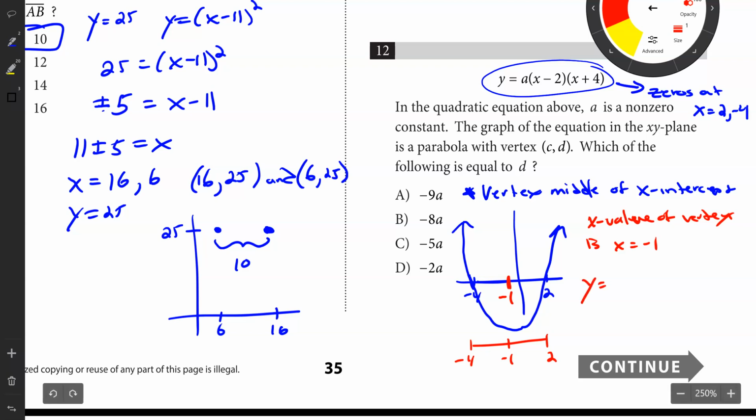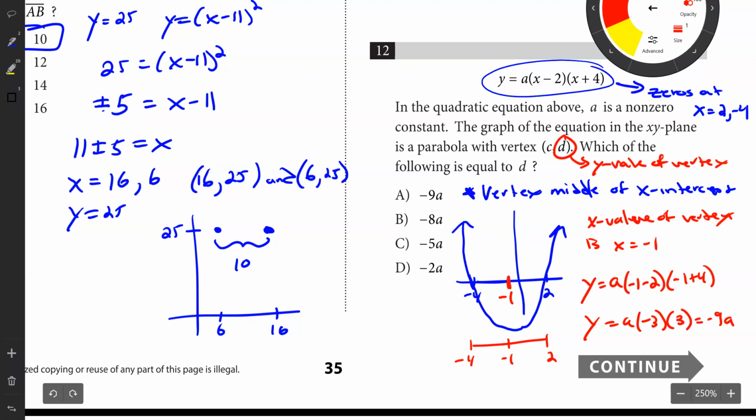So y equals a times negative 1 minus 2, negative 1 plus 4. I can plug that back in to find the y value of the vertex, which is what D is. So y equals a times negative 3 times 3, so negative 9a. So our answer there is letter A.